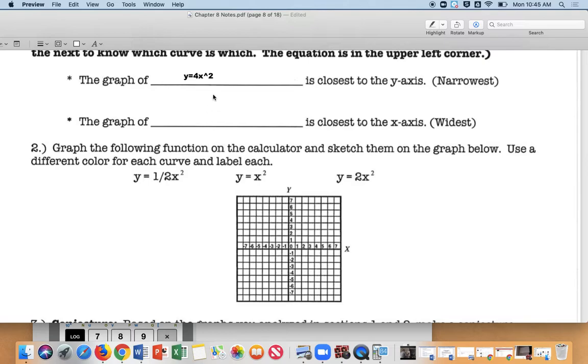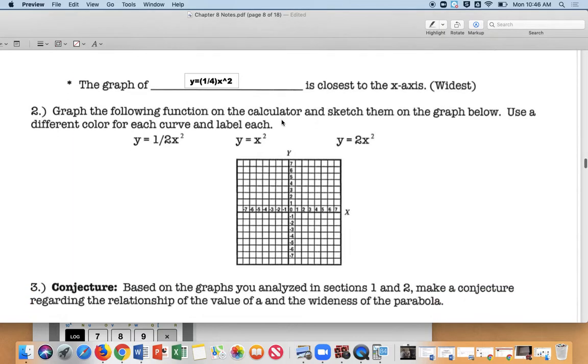You'll have to forgive me for not having a math editor, but I can't show you my calculator and type the notes in, so I have to do it this way. The narrowest one was y equals 4x squared, and the widest one would be y equals 1/4 x squared.